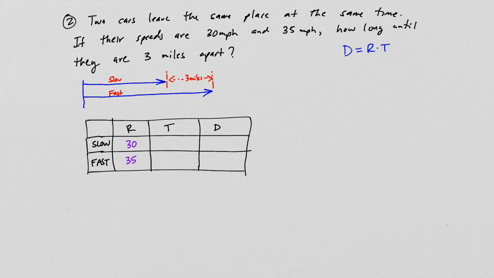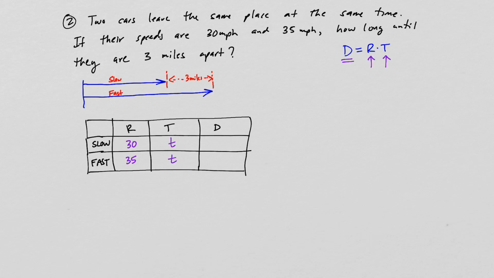Now they leave at the same time from the same place, so the time that they travel is the same, but we don't know how long. So I'm going to say the time is t for both of these cars. Now, once they travel for an amount of time t, the distance can be obtained by multiplying the rate times the time.